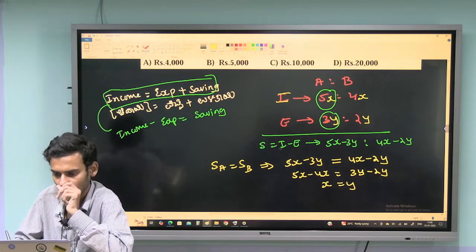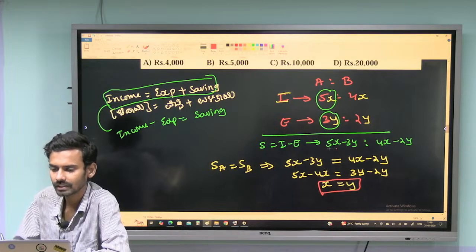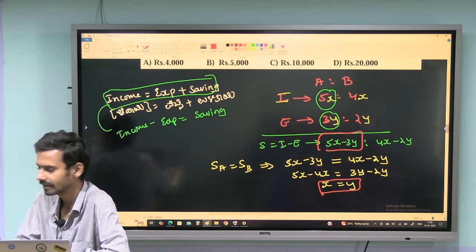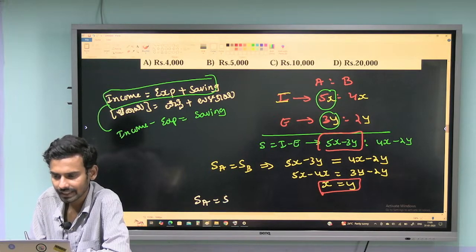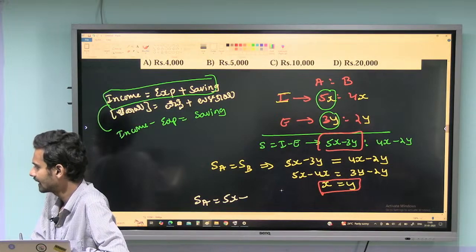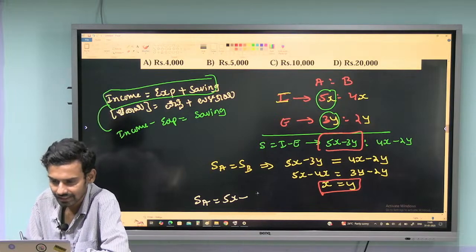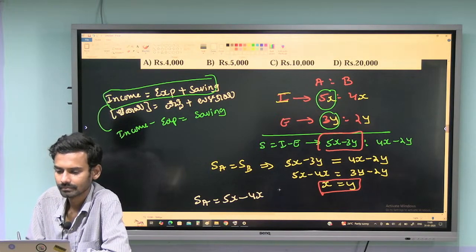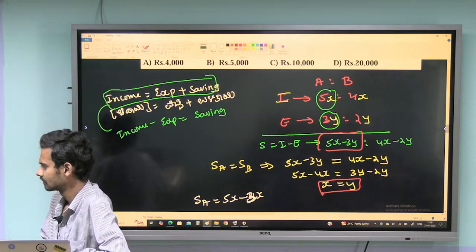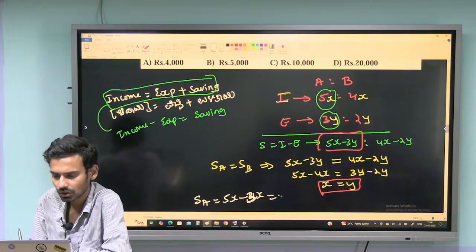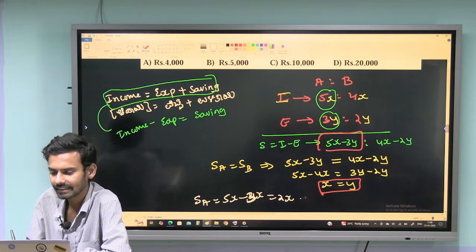Now substitute the value of x equal to y in any one of the saving values. Let me substitute in 5x minus 3y. Saving of A is equal to 5x minus, instead of 3y, can I write it as 3x, because x is equal to y? 5x minus 3x is equal to 2x, and according to the question A's saving is 1600.